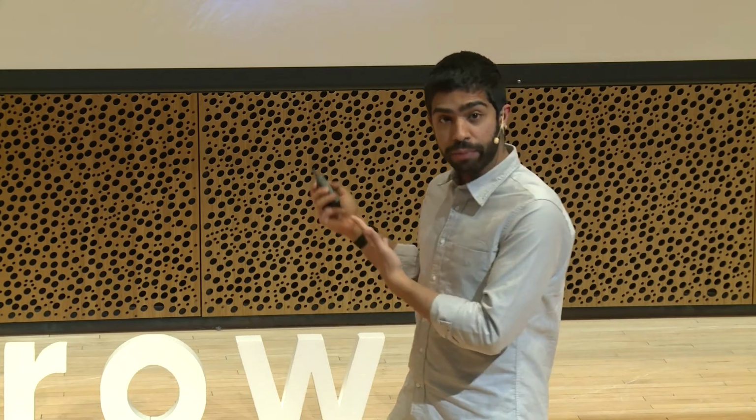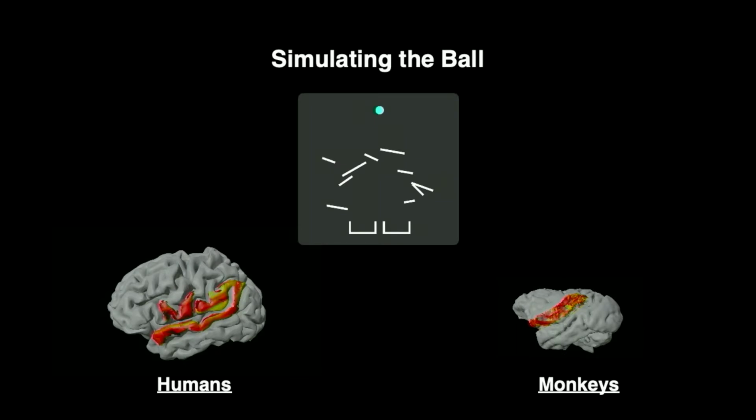And so that has given me a very rare and unique opportunity to look at the neural activity in their brains in a non-invasive way by having them do this task while lying inside the MRI scanner. And that brings me to what I think is the best part. Just like with humans, when monkeys attempt to simulate the ball's trajectory, their brains also respond as if they were literally seeing the ball fall, even though, once again, all they have to do is predict where it's going to end up.